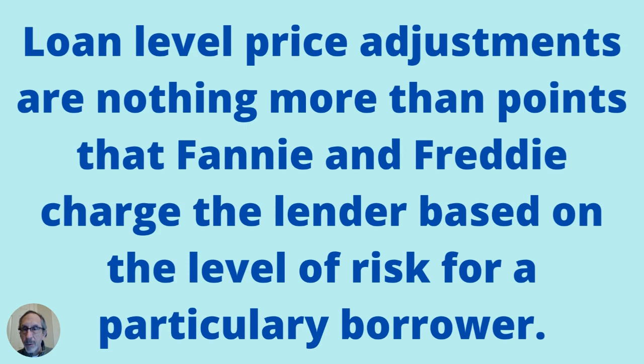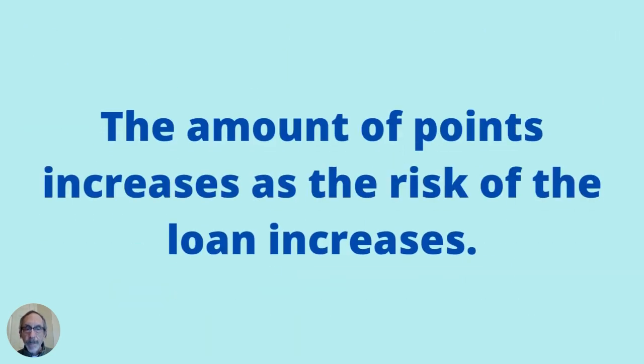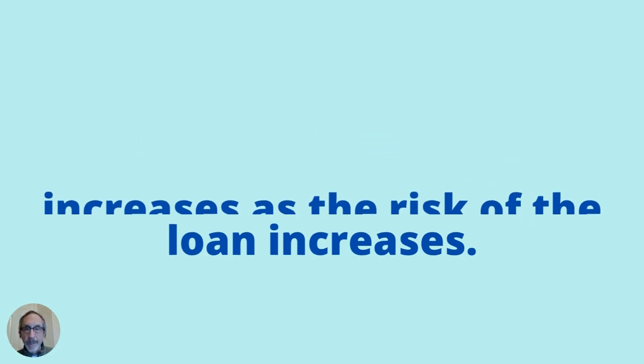As the risk goes up, we as the lender will pay a fee. There's two ways to pass that on to the borrower. We either increase the rate to absorb that fee, or we charge the fee outright. So the amount of points increases as the risk of the loan increases.